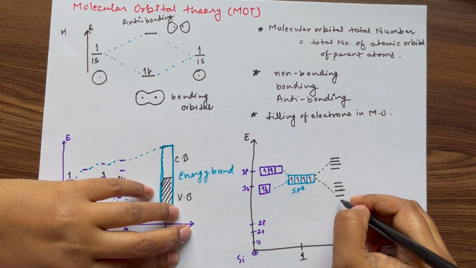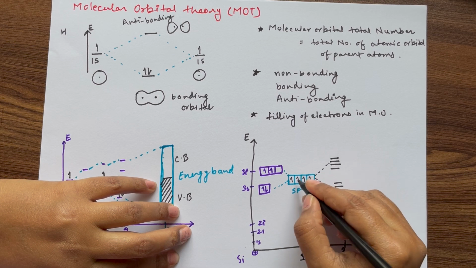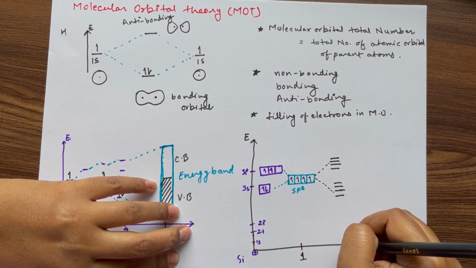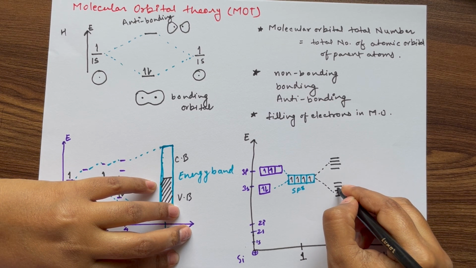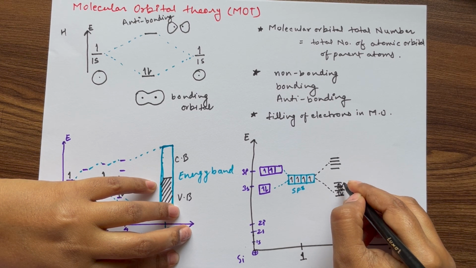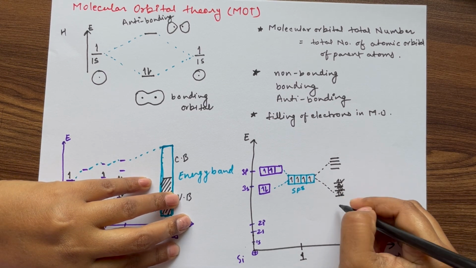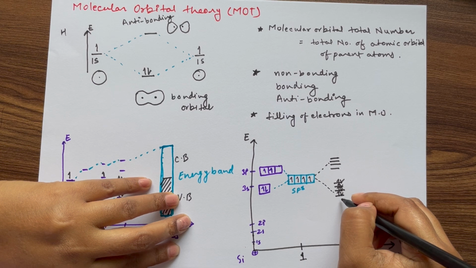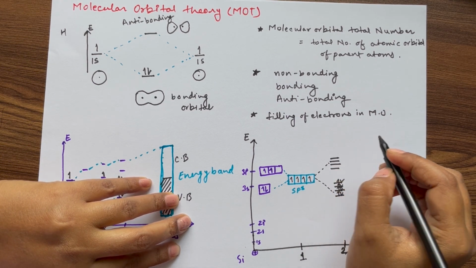These 4 bonding orbitals will be occupied by the electrons. We have total 8 electrons for 2 atoms. So 1, 2, 3, 4, 5, 6, 7 and 8. So these 4 bonding orbitals will be occupied with electrons and these 4 anti-bonding orbitals will be empty.